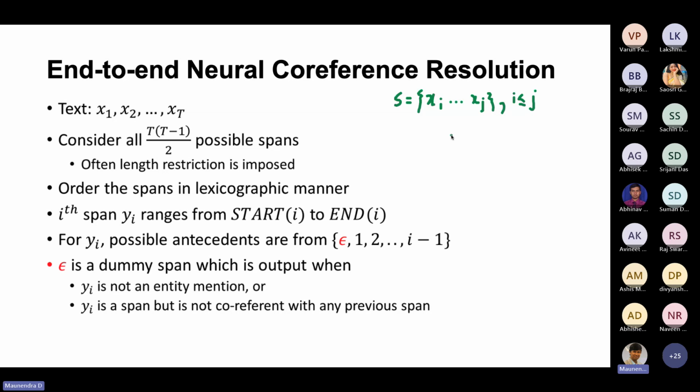It is easy to see that the total number of spans like this will be T into T minus 1 by 2.